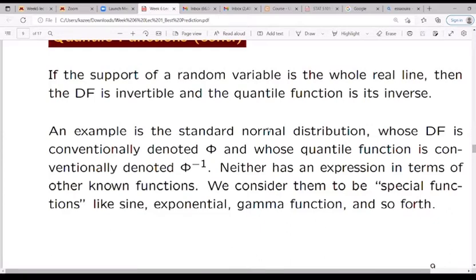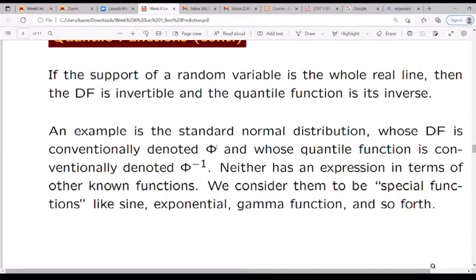In a normal distribution, every probability distribution has a distribution function, and the moment you have it, we can figure out the quantile function as its inverse.